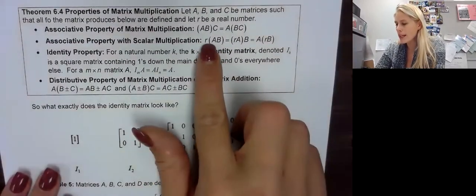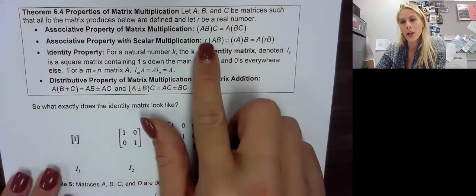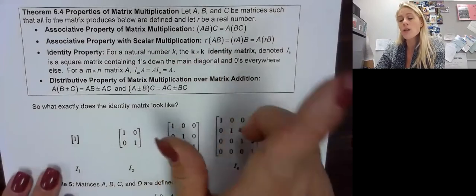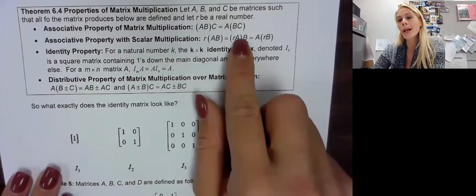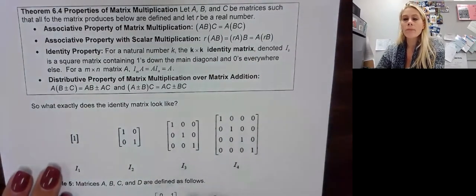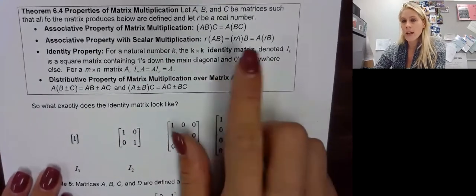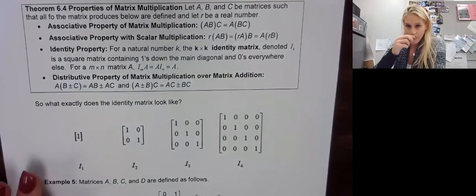Same thing here. We can either say A times B and then multiply it by our constant, our scalar out front, or we can take our scalar, multiply it by A, or multiply by B, and then multiply the same matrix. Now again, the order is still the same.